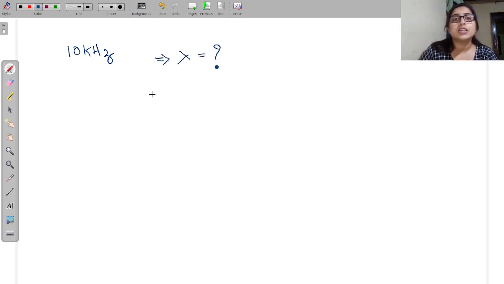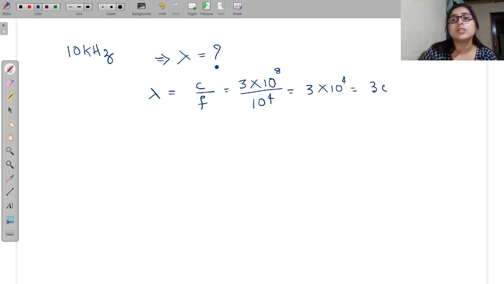You know that lambda is equal to c divided by f. What is c? That is the velocity of light, which we can consider as 3 into 10 to the power of 8, divided by f, which is 10 kilohertz, that means 10 to the power 4. So this will be 3 into 10 to the power 4 meters, that means it is 30 kilometers.